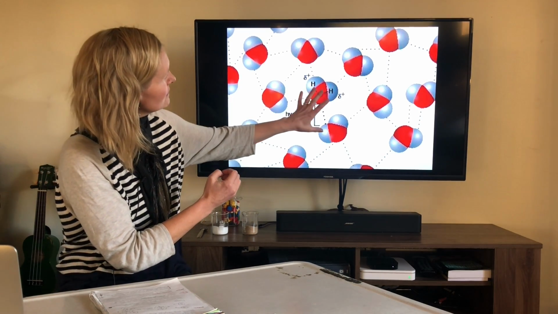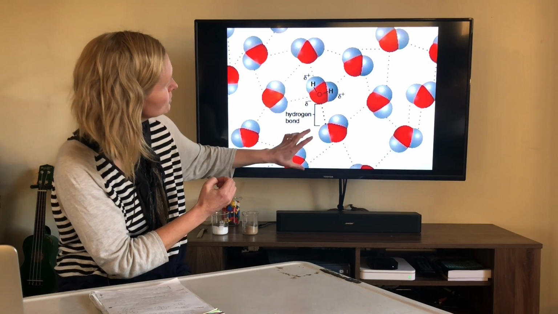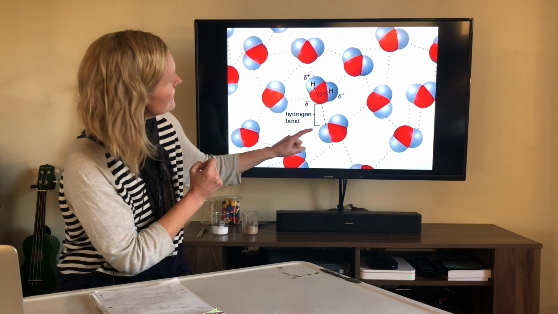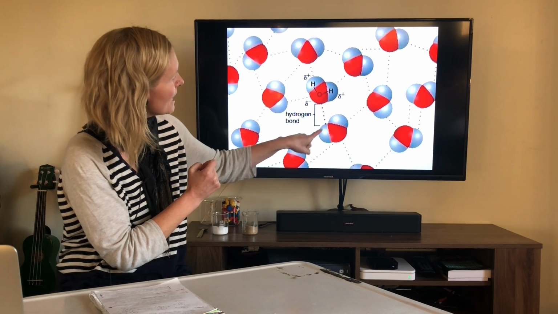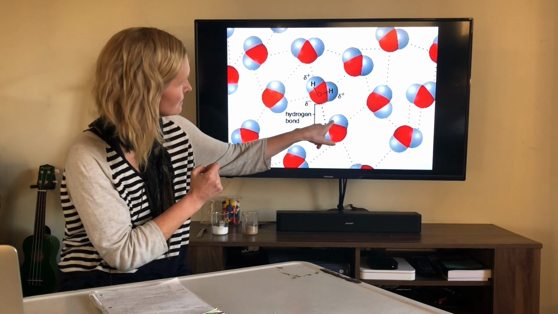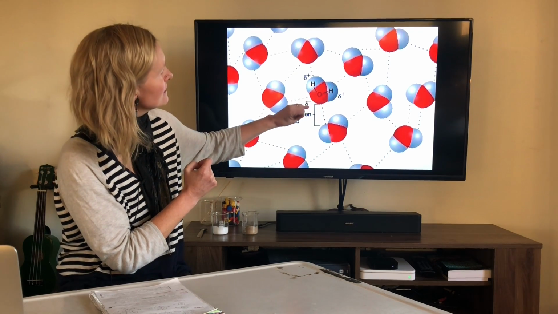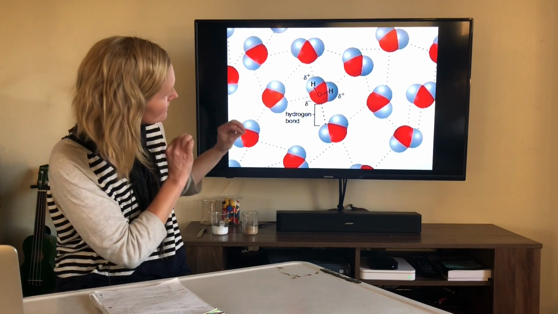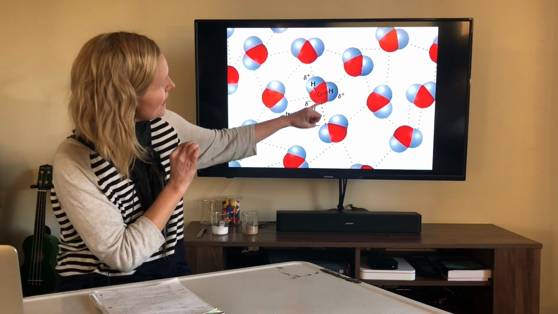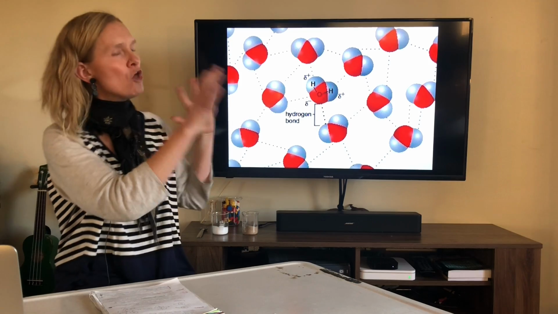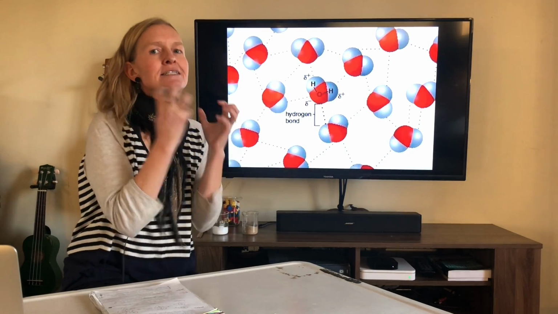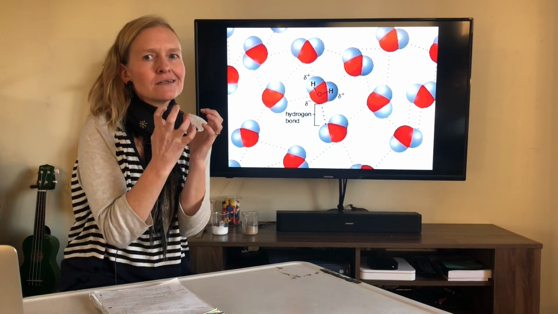And so you can see here between these two molecules of water that because of the polarity, the hydrogen atoms have a positive charge and the oxygen has a negative charge, those two ends are attracted to each other. And so that's happening all throughout water, and it's making it stick together.